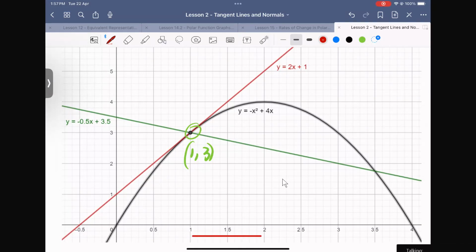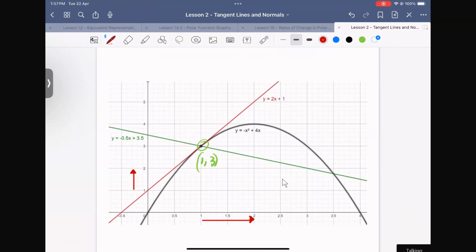Notice this length here is 1, whereas this length here is 1. So it's a 2-to-1 scale. That distorts how the graph looks. It is a normal line. It is 90 degrees. It's just the scale is different.